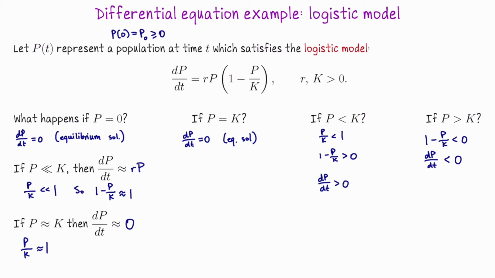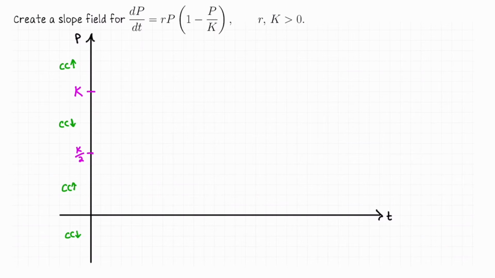There were no others for this quadratic. If p is less than k, our derivative is positive. If p is greater than k, it's negative, so we know where the population is increasing and decreasing. Also, might as well mention that if the population were negative, the derivative would be negative, so we can add that. So let me add to this, p prime is less than 0, and this whole region here, p prime is greater than 0, and then p prime is less than 0.